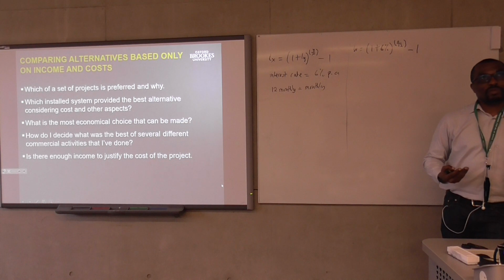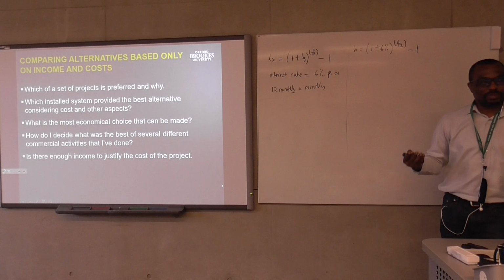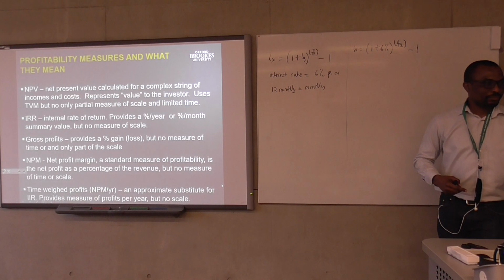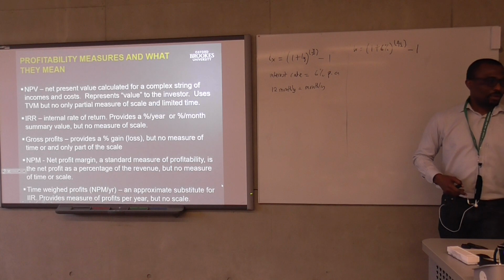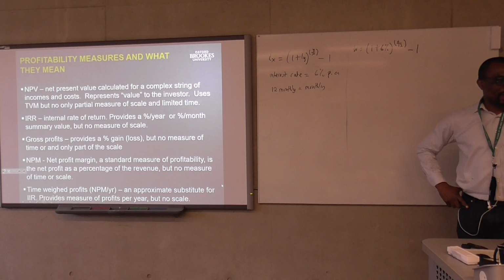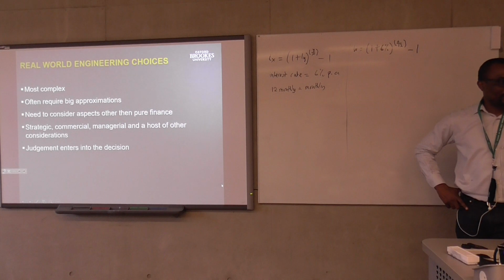If we wanted to choose between an Otis and maybe a Samsung lift system, which one will be the best? Here we look at the NPV, the IRR, the gross profit. There are various parameters you can use.